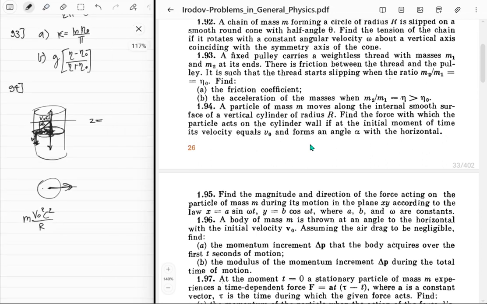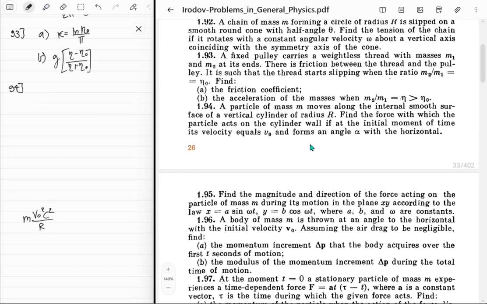I know it sounds very technical, but sometimes it does happen that your equations don't work in cases where you might expect them to work. So it's better to be safe than take the risk and just say this is how it should be. So you got it: m v naught squared c squared upon r.